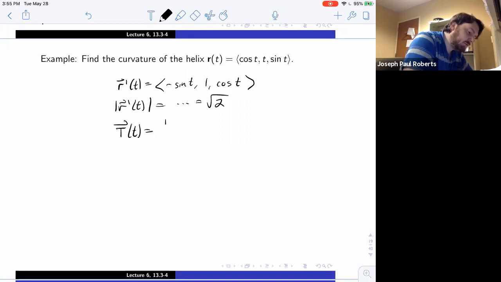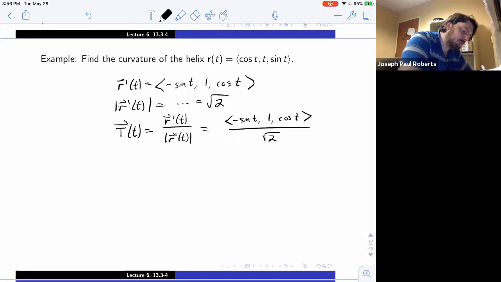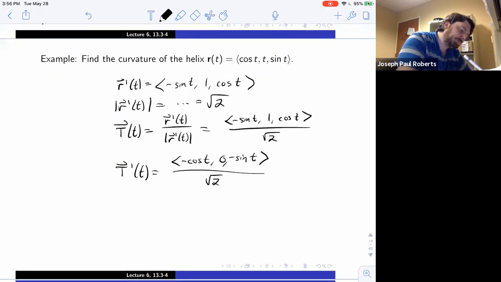Therefore, the unit tangent vector is r prime normalized: minus sine t, 1, cosine t over the square root of 2. T prime of t is minus cosine t, 0, minus sine t over the square root of 2. The length of T prime of t, by the Pythagorean theorem again, is 1 over root 2.